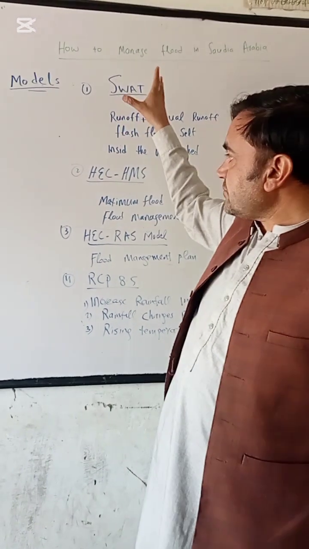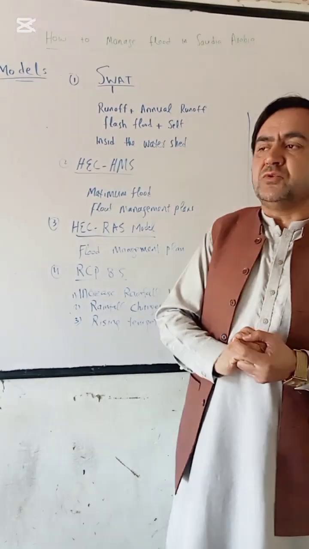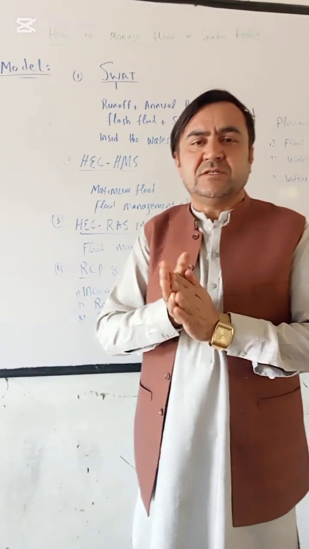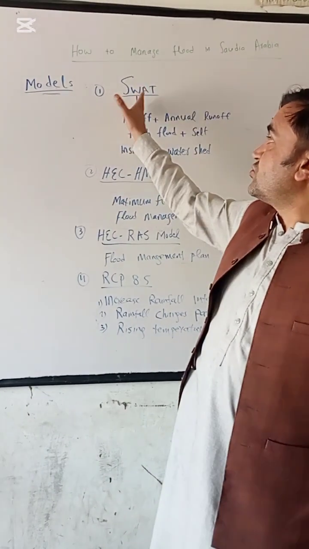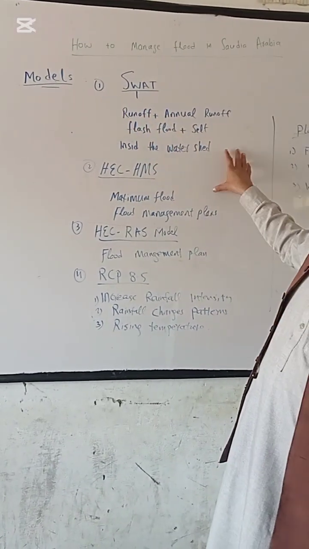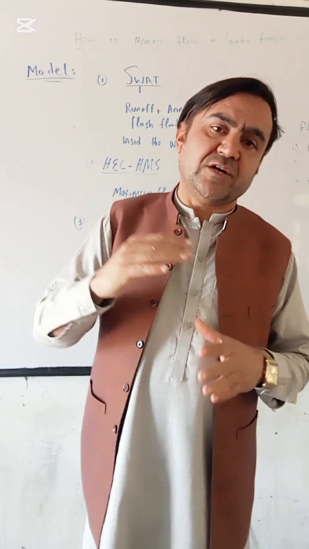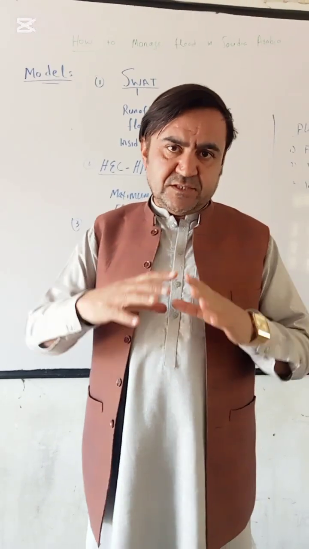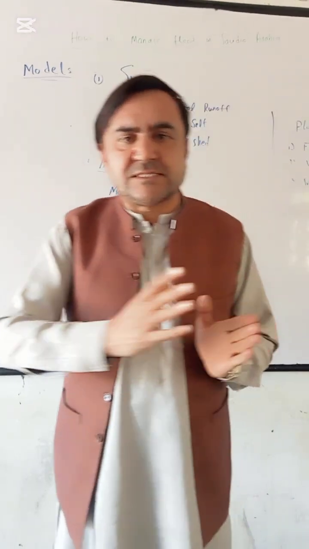We have different hydrological models to use for flood planning. The first model is called SWAT. With the help of this model, we can find out the runoff water. Runoff water is the water which carries sediment.